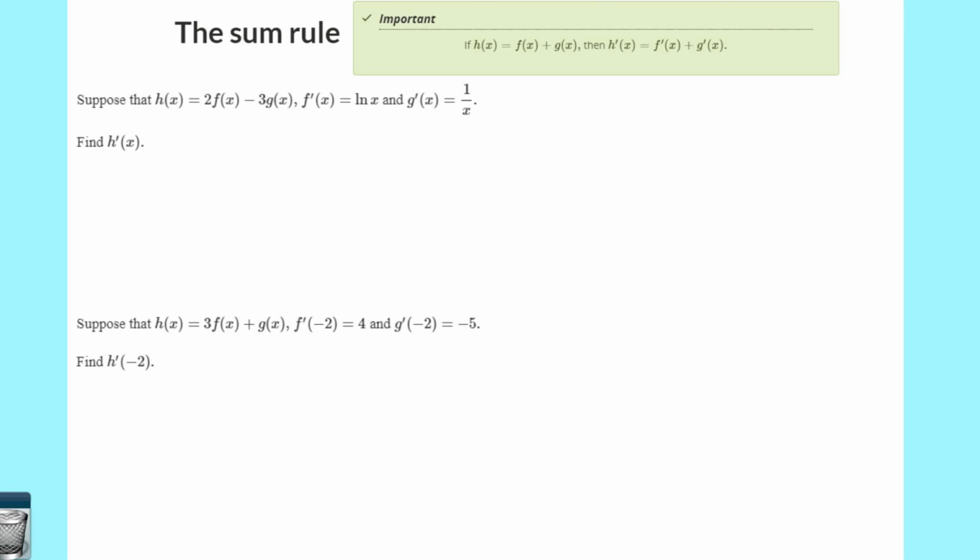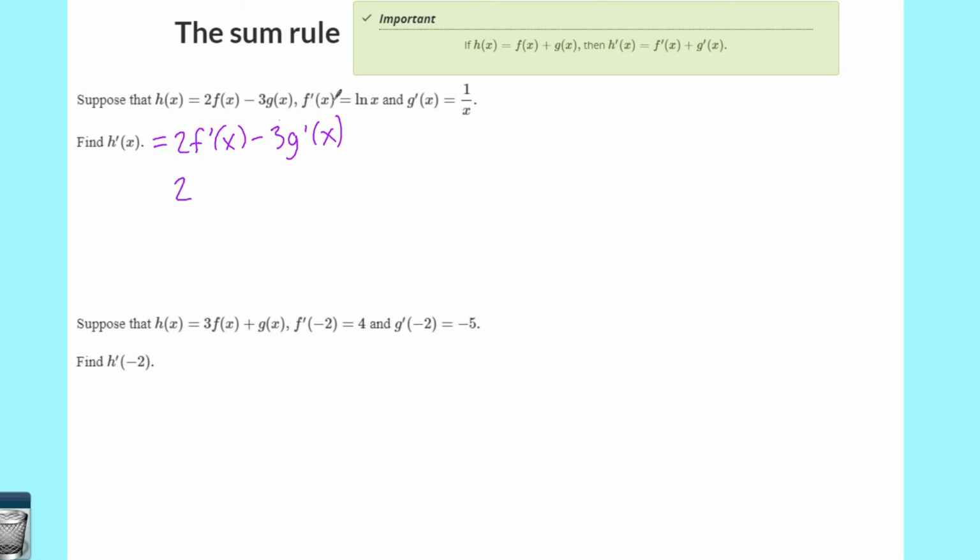Alright, the sum rule is literally just taking the derivative of each part. If you have a sum of two functions, the derivative of that sum is just the derivative of each one added together. So the derivative of h equals 2 times the derivative of f, minus 3 times the derivative of g, and then we just plug things in.